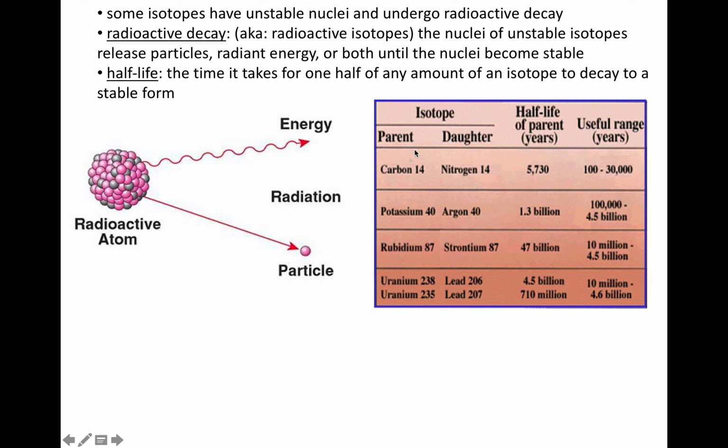For example, if you have 100 grams of carbon-14, it would take 5,730 years to have 50 grams of carbon-14 remaining, which means the carbon-14 broke down over time and became something else. You will no longer have the original amount of 100 grams of carbon-14. In 5,730 years, it would be halved, basically.